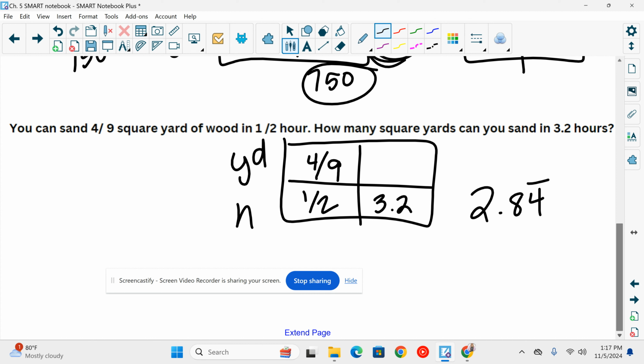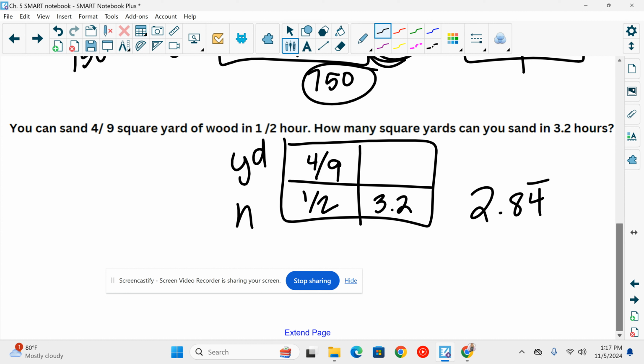Did anybody else get that? Okay, y'all make me think I was going crazy for a second. I put instead of 3.2, I put 16/5, because then I went to decimal and fractions. That's fine, but turn your fraction into a decimal and see what you get.